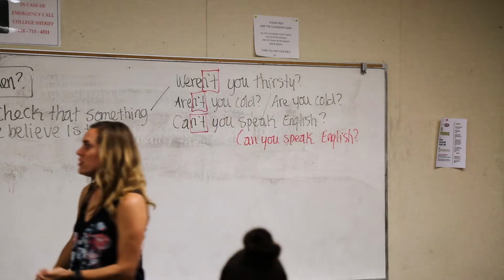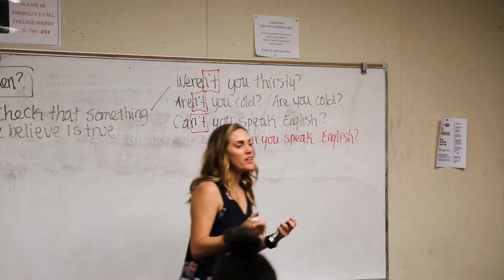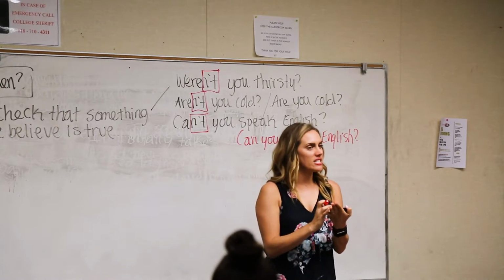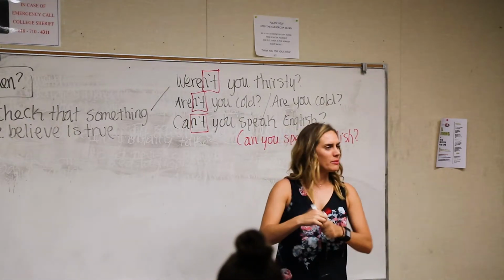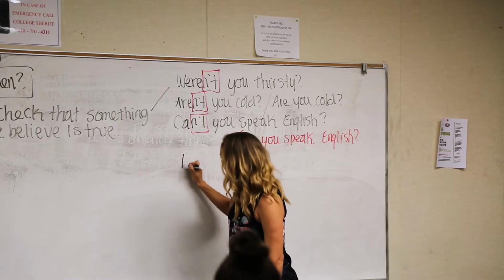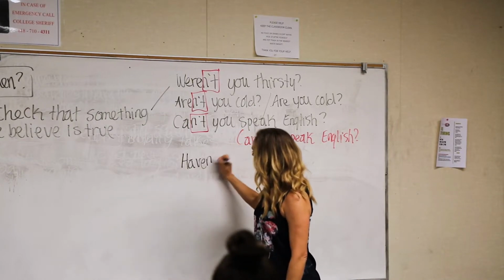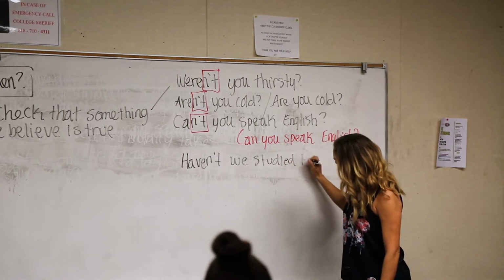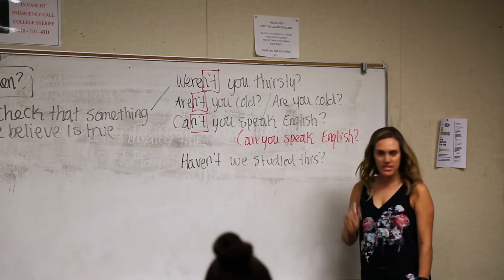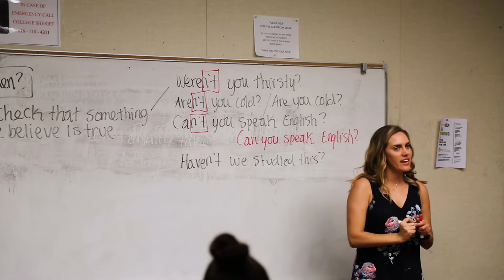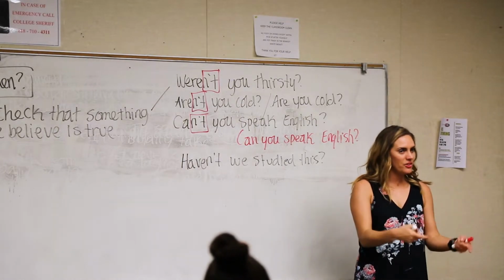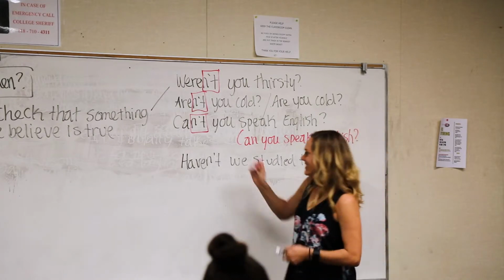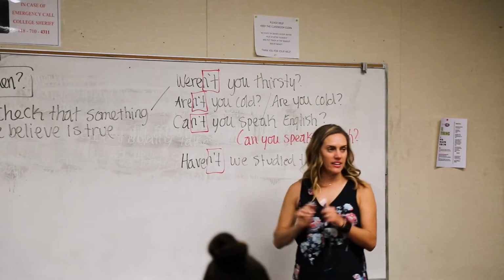So, how about if I'm reading your writing and I see mistakes with simple past, then I'm going to ask you, haven't we studied this? Haven't we studied this? That's my way of saying, I know you know it, and I know you know it. Tell me that you know it, right? I'm using a negative, okay?